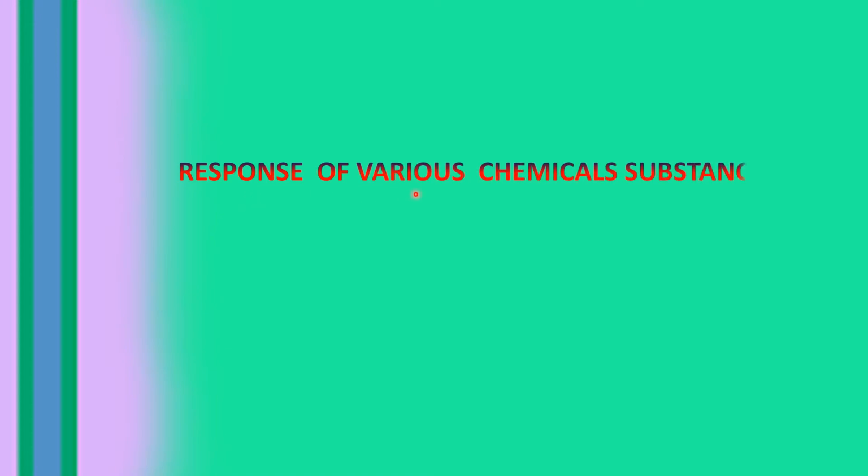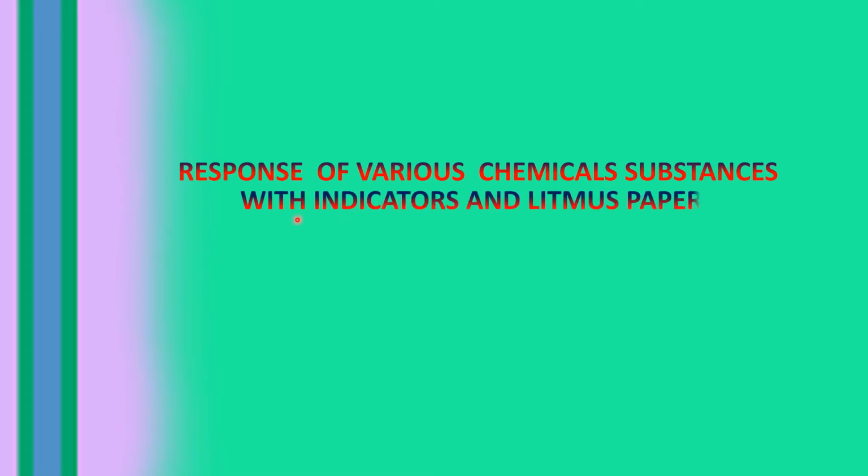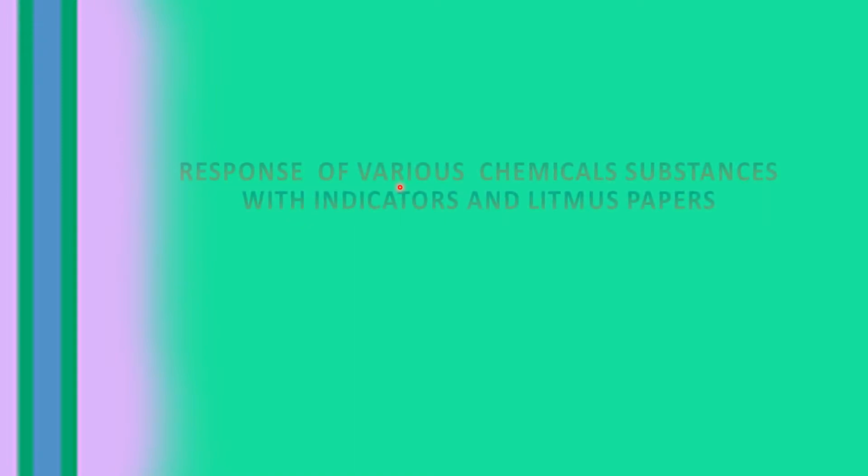Today in this video, I am going to explain to you how certain chemical substances respond with some indicators and litmus papers. Here I am going to take certain chemical substances. They may be acids or bases.